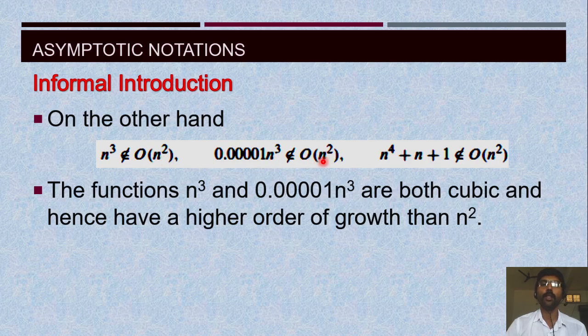Similar things happen here also: here n cube, here n square; here n raised to 4 and here n raised to 2. Our algorithm consumes more time, so it's not belonging to big O. Sorry, it's not omega here, it's big O notation.